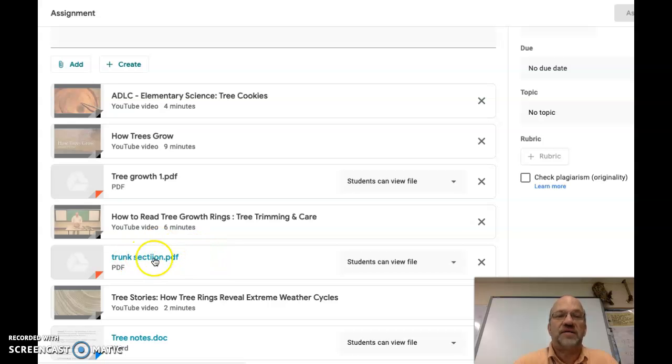I do want this trunk section to be drawn and labeled and colored, and then you can send a picture to me. That will be one of the assignments, will be this one right here. And then the tree notes, please study those so that you understand what those are. I will be adding another video during the week as well.